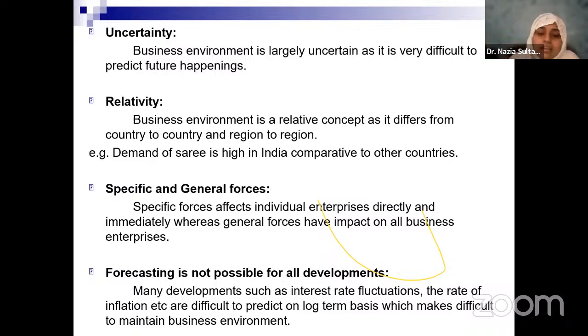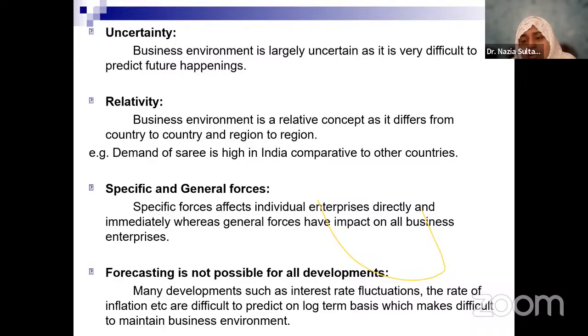See, forecasting may not be possible for all the businesses that are there. Some businesses will have to run where these forecasting techniques may not be available. Whereas for some factors, you can forecast very accurately, like inflation rates and interest rates.